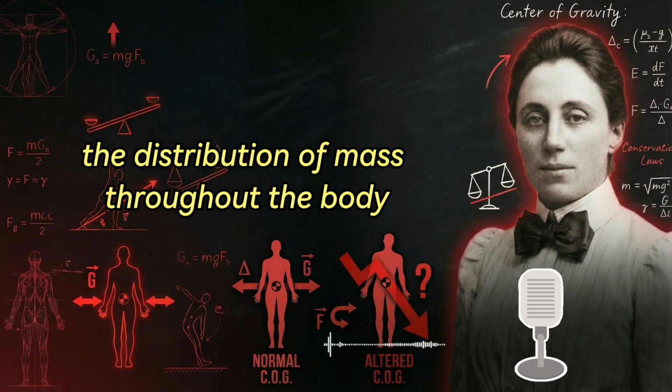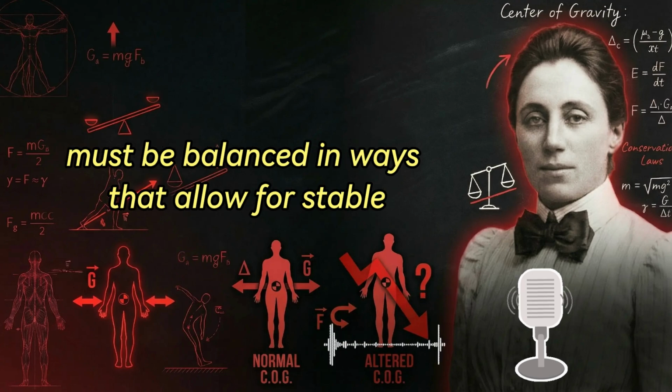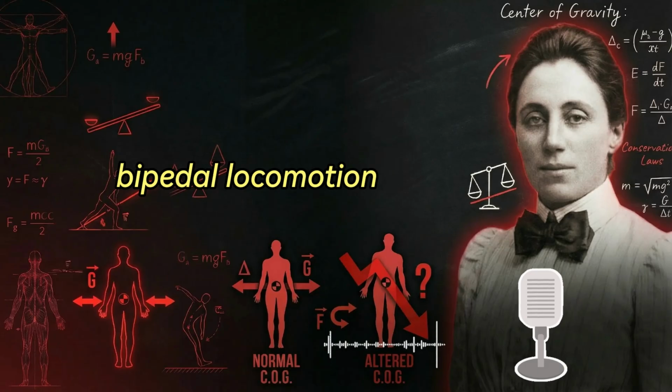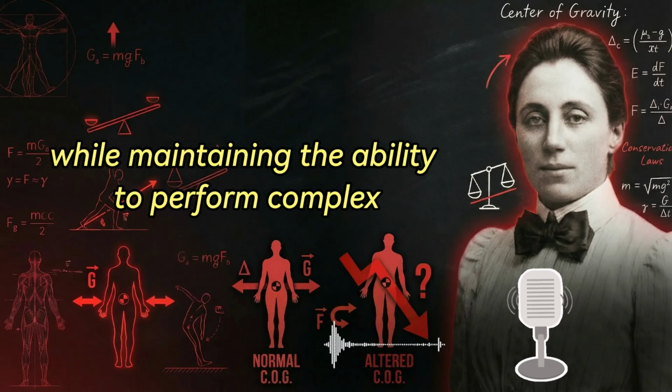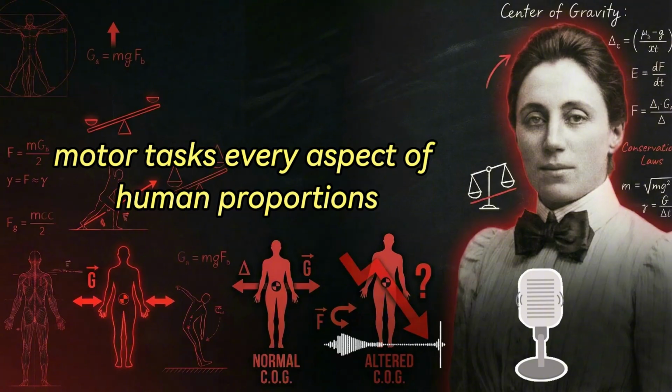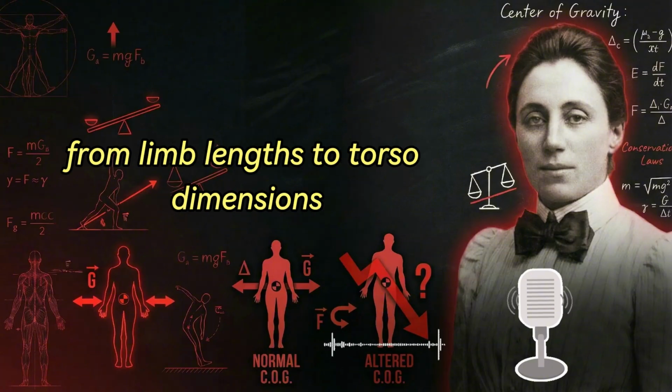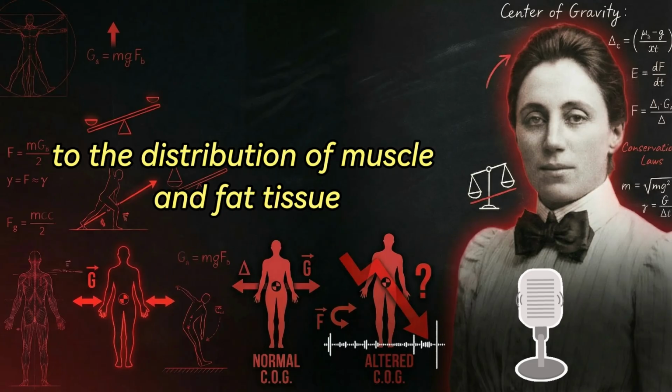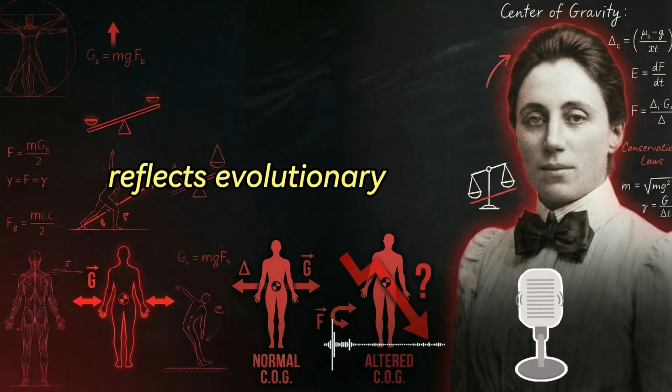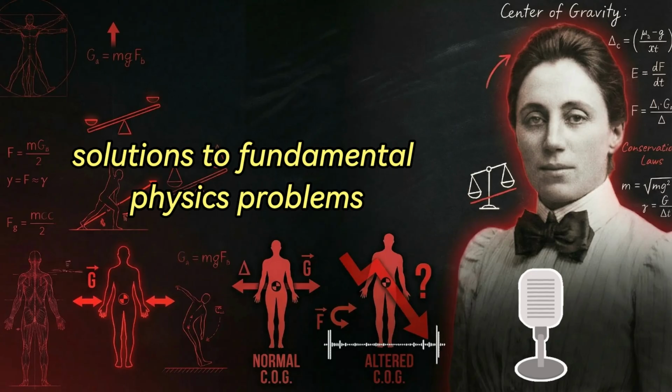The distribution of mass throughout the body must be balanced in ways that allow for stable bipedal locomotion while maintaining the ability to perform complex motor tasks. Every aspect of human proportions, from limb lengths to torso dimensions to the distribution of muscle and fat tissue, reflects evolutionary solutions to fundamental physics problems.